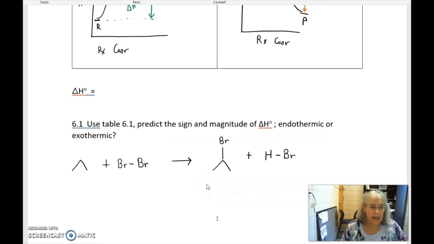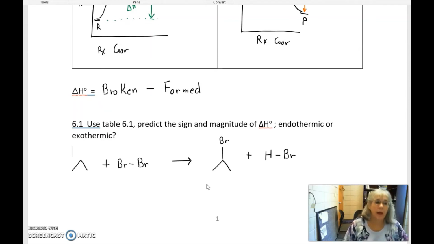We can predict the sign and magnitude of delta H by using a table of known delta H's. So this little knot symbol means that the reaction is measured under standard conditions, and we can take our broken bonds and subtract off our formed bonds, and that will give us the delta H. Now, remember, broken is energy that's going into the reaction, and so it's positive.